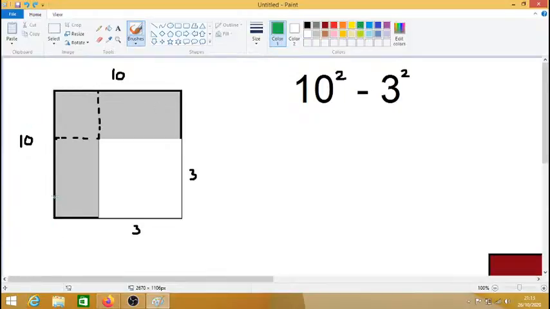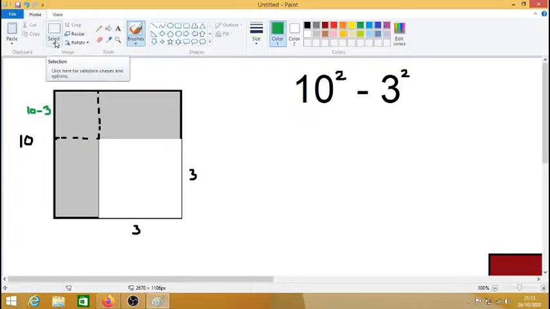To repeat, this whole line is 10, but I've taken away the 3, which was this bit, so that's 10 take away the 3. This little piece here, how wide is that? Well, this whole line is 10, and this line is 3, so again that would be 10 take away 3.